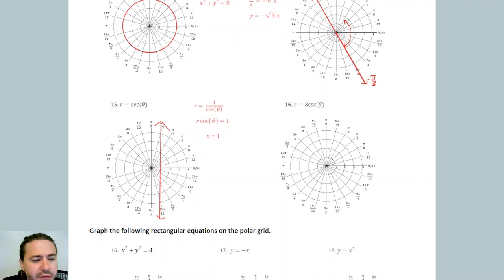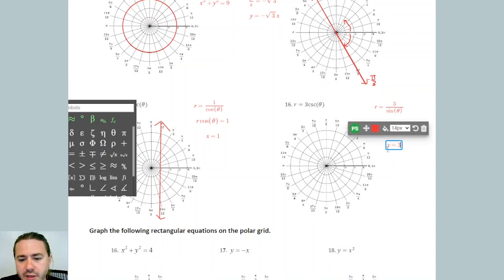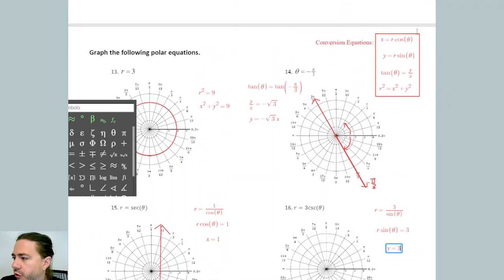16 will be solved similarly. We'll rewrite cosecant as 1 over sine, so we get r equals 3 divided by sine theta. All right, so I multiply both sides by sine theta, which gives r sine theta, which is y, according to our conversion equations up here.